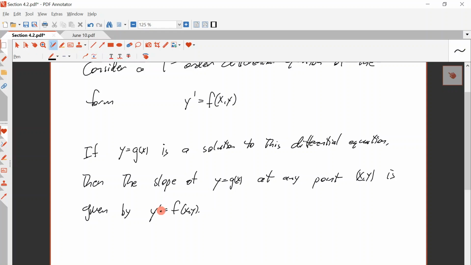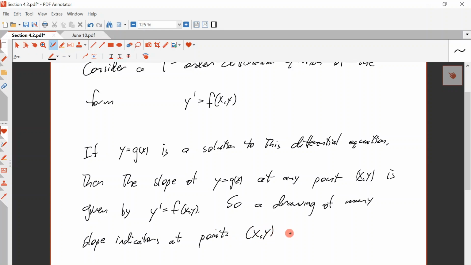So if we put many little slope indicators at points (x, y) in the two-dimensional plane, that will yield what's known as a direction field.